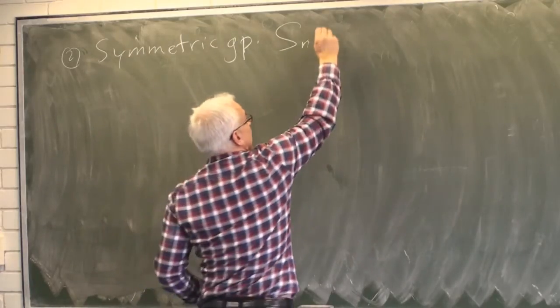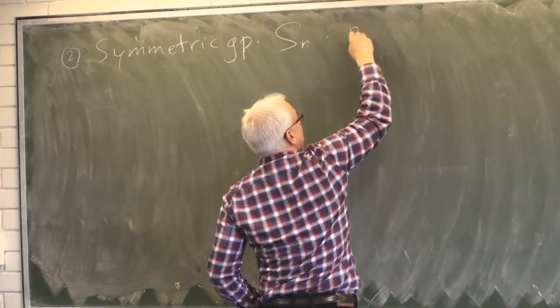In terms of matrices, we can think about this as consisting of permutation matrices.